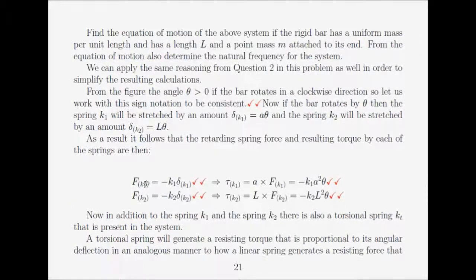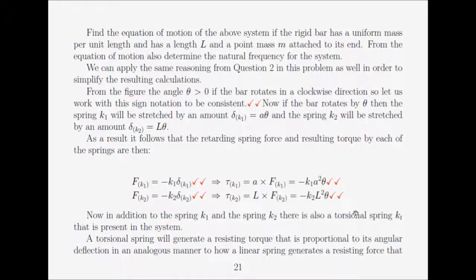We work out the retarding forces, minus the spring constant times the deflection, and then the retarding torque would be the moment arm times the force. We get some answers. We add it up. It's a vector problem. Torque is a vector as well. Technically, torque is a vector because force is a vector. So a cross F is also a vector.